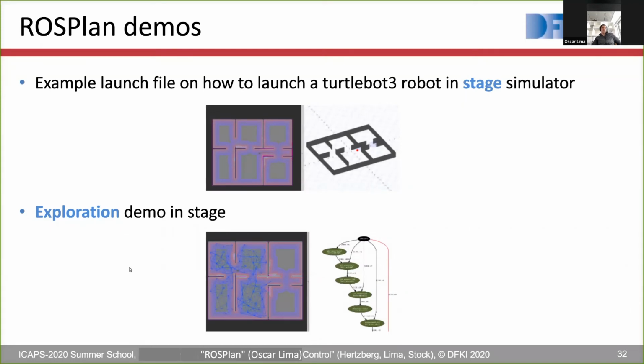So this connects all of the components in ROSPlan. So you have an example of how to make a PDDL model, how to connect the nodes between each other so that the pipeline can be called one by one. So first the problem generation, then the planner interface, then the parsing interface, and then finally the execution.